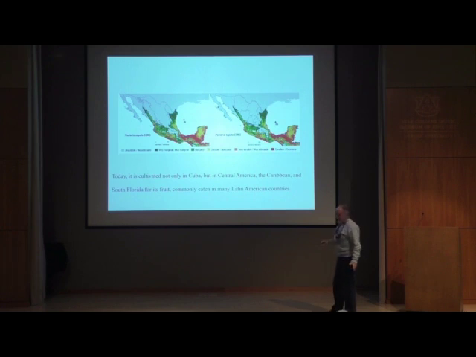Here is a map by my friends in Mexico, a detailed map on the suitability of various areas within Central America and southern Mexico for production of this fruit, because it's very, very profitable.